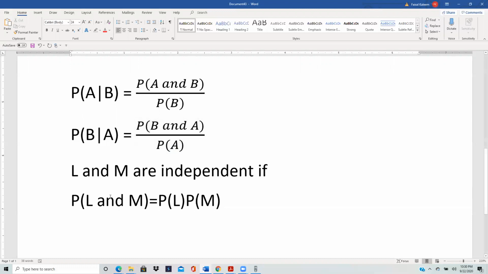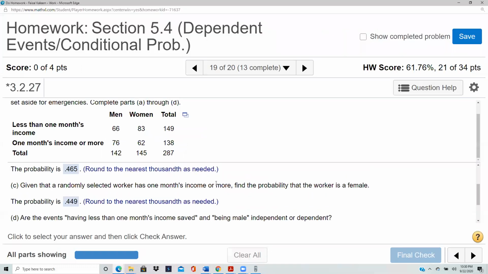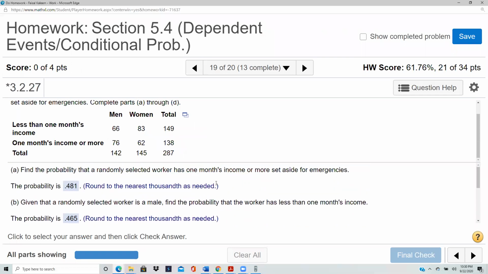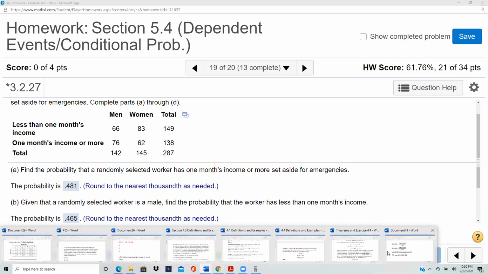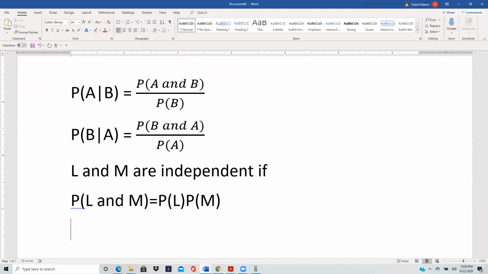So we have the data to get all these numbers, and we will check to see if P(L and M) comes out to be equal to P(L) times P(M). So L and M would be, L is less and M is male, 66. So that's 66 and the total is 287. So 66 by 287 is the left one. And the question is, is this equal to P(L) times P(M)?